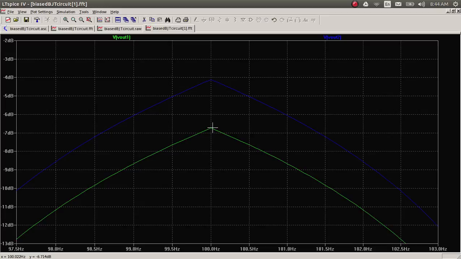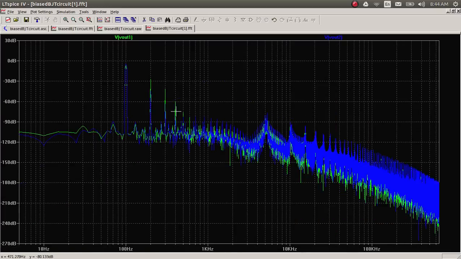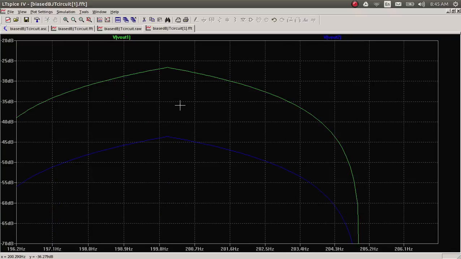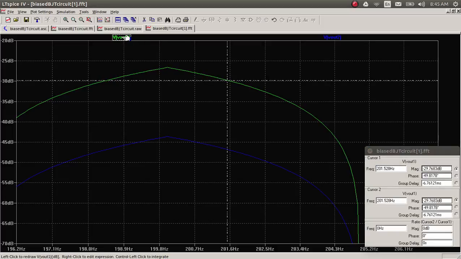So that sort of makes sense. And more interestingly, if I look at, for example, the second harmonic, here I can see a huge difference. The waveform that was distorting more is at minus 30 dB, and the other waveform is much lower.